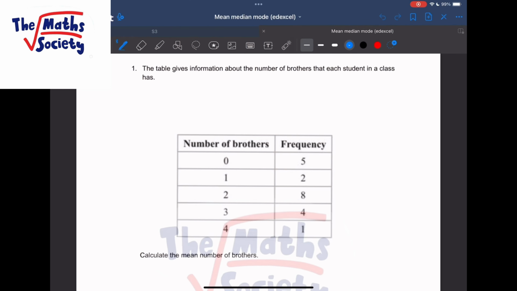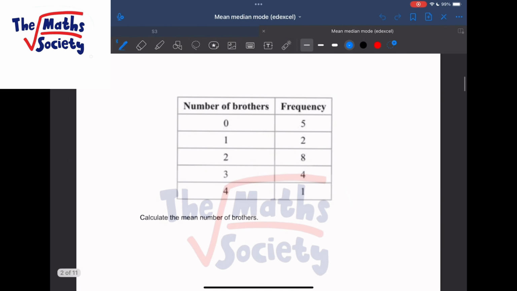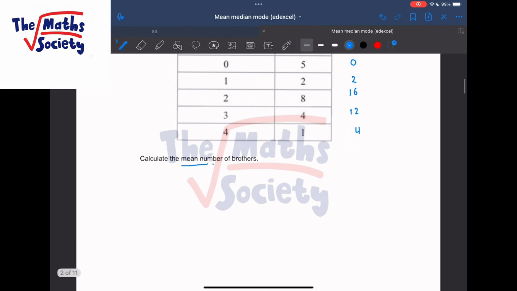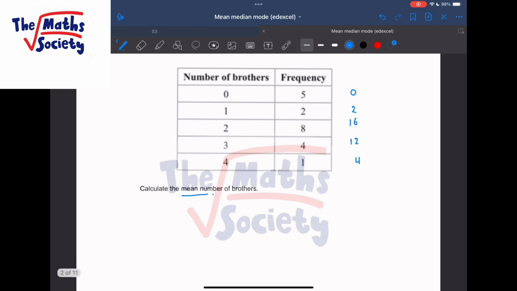Okay, so for question number 1, we're given this table with the number of brothers and the frequency, and we just need to calculate the mean number. First of all, to know the total, we need to multiply them. So this is going to be 0, 2, 16, 12, and then 4. The total frequency would be 4, 12, so that's 20.